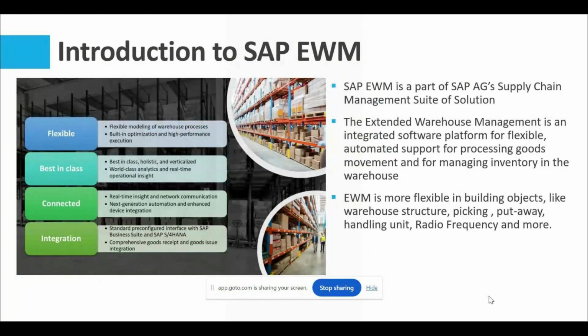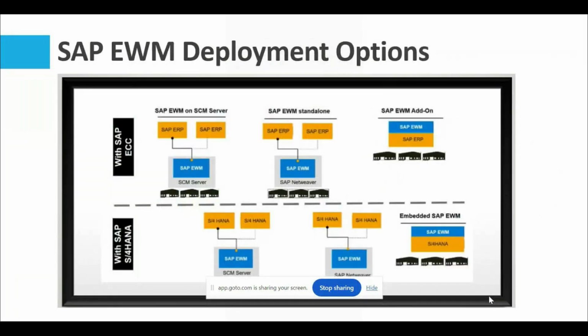So I already covered this and I was talking about the deployment options, right? Since you two are already from the EWM background, you know, we usually work with a decentralized landscape or an embedded landscape.